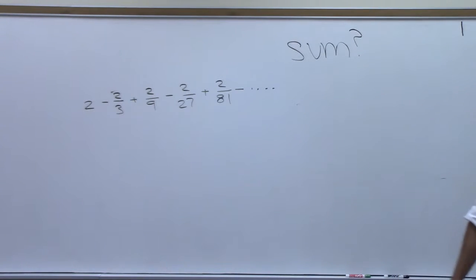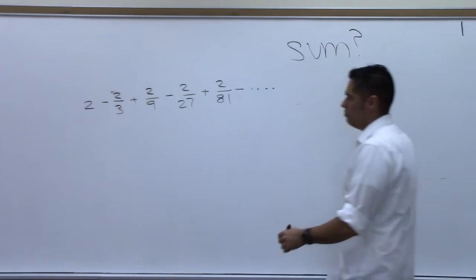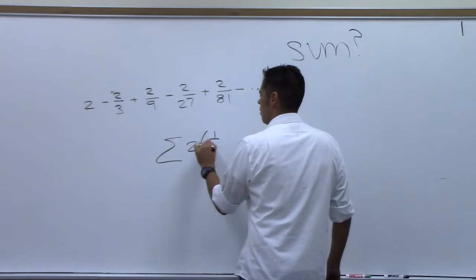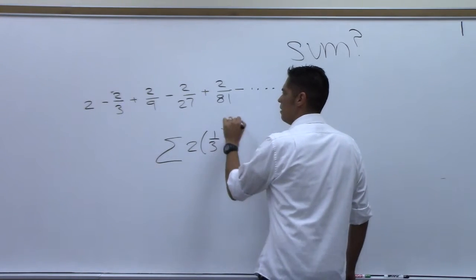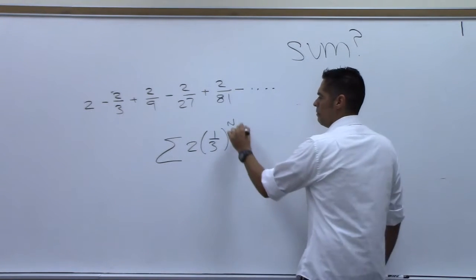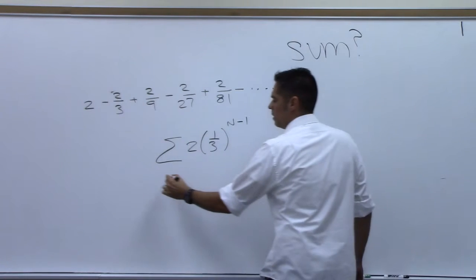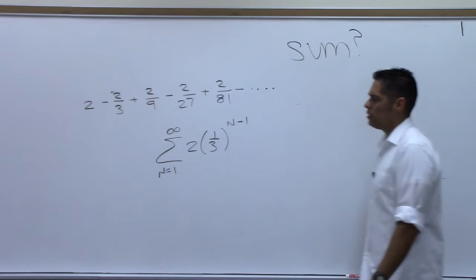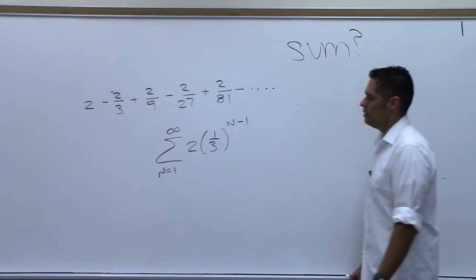That means it's either geometric or telescopic. What would this be? This is 2 times (1/3)^n, something like that, minus 1, n is 1 to infinity. Does that work? I'm missing something.